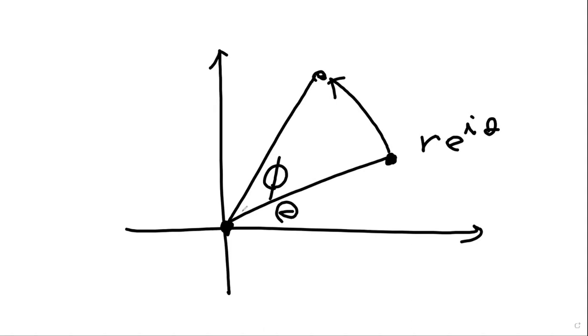What's the coordinate of that point if it rotates by an additional angle of phi? Using vectors, it would waste a lot of time. In a complex system, it's extremely simple. You just add the angle to it. That's it.